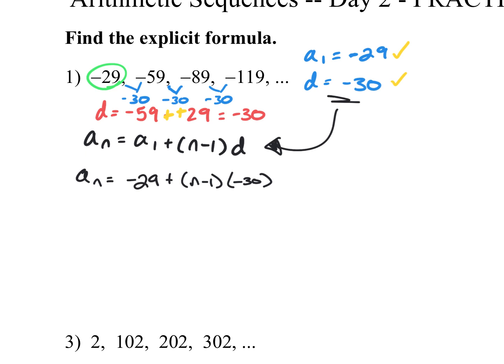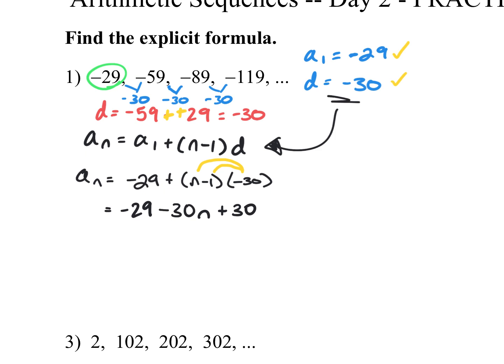So what that means is you've actually got to come over here and take this negative 30 and distribute it to the n minus 1. When you do that, you don't do anything with that negative 29 out in front, but negative 30 times positive n becomes minus 30n. Negative 30 times negative 1, two negatives will make a positive. 30 times 1 is 30. However, once you get to this point, guess what?